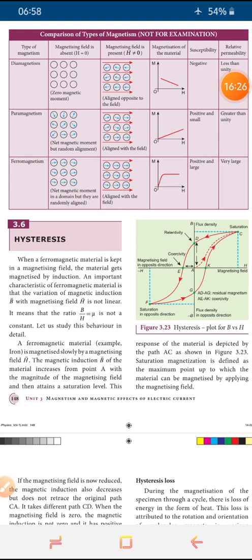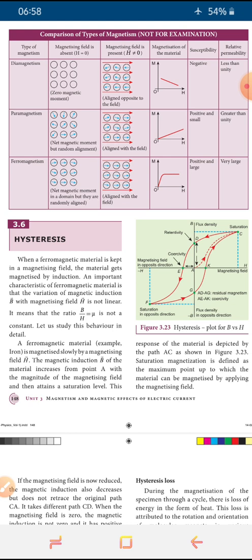And here the comparison of types of magnetization is not for examination. What we studied about the three types of magnetism is explained in a single tabulation. For diamagnetism, the magnetizing field is absent, meaning H equal to 0. The same is explained here for paramagnetism and ferromagnetism. What we discussed as theory is given in the tabulation.